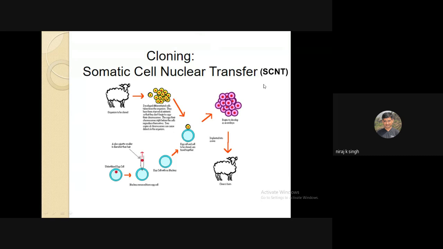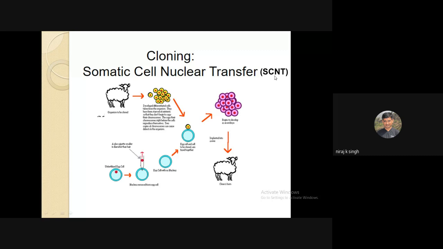Cloning can be performed by various techniques. The most common technique applicable in India for cloning is somatic cell nuclear transfer. The institutes where cloning is going on are NDRI, National Dairy Research Institute, Karnal, and CIRB, Central Institute for Research on Buffaloes. So these 2 institutes are working on cloning.